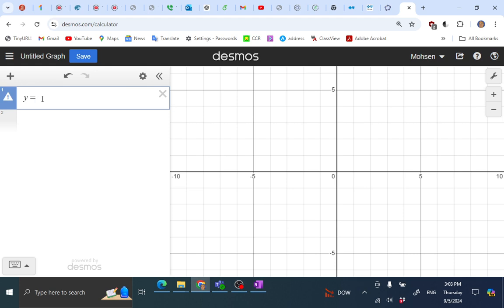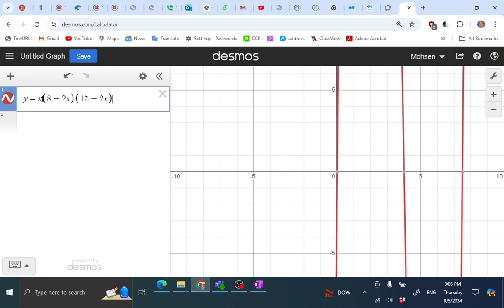It's traditional to use letters Y and X, so I'm going to use the letter Y here. Y is equal to X times (8 minus 2X) times (15 minus 2X). I can write it like that, or if I want, I can write it the way I had multiplied them out.